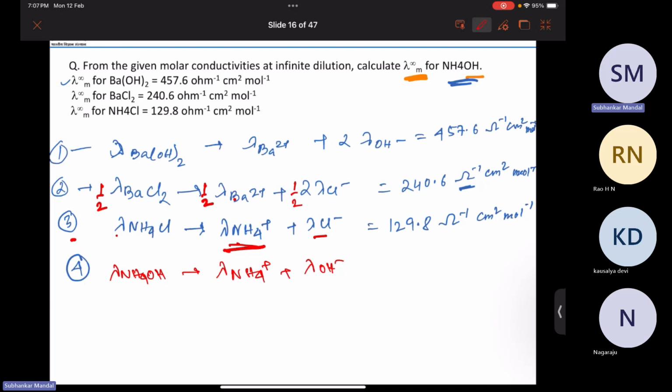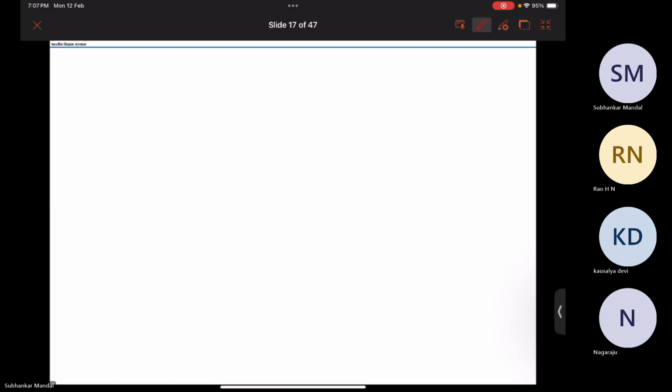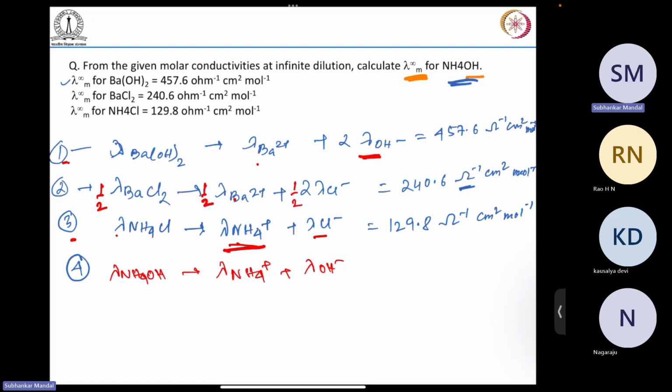Here you can see in equation number 1, there is OH minus and the barium part. I can do the equations one by one, then it will be more clear. In equation number 1, OH minus is there, which we need. If I sum 1 and 3, this part will come, but extra barium plus will also come.